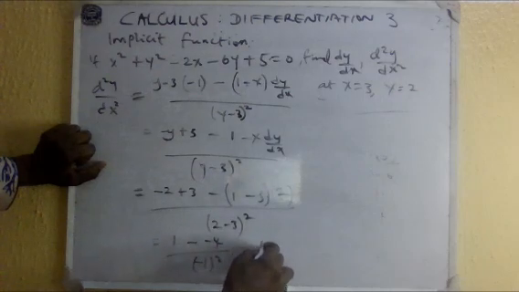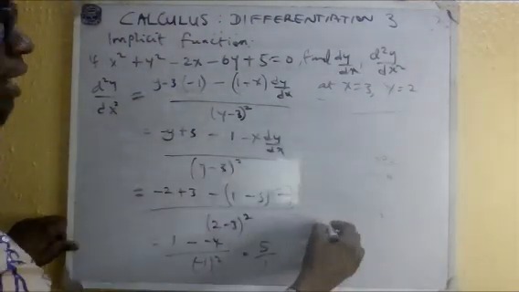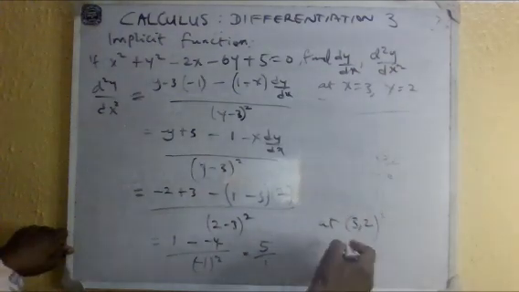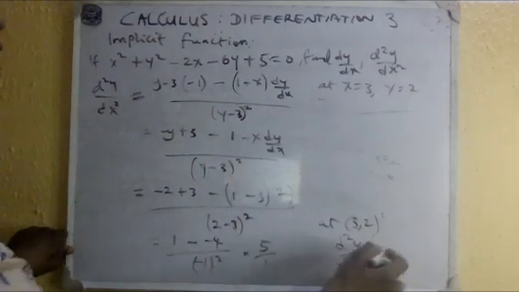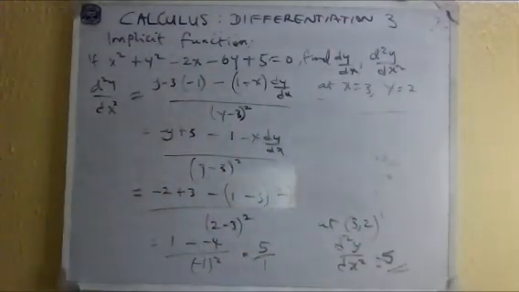This and this is 5 over 1. So at the second differential, dy/dx at 3 and 2, the 2y over the x squared, is equal to 5. So that's the answer.